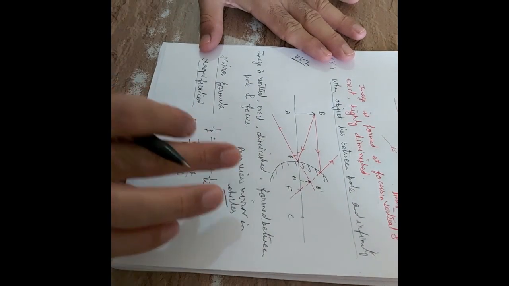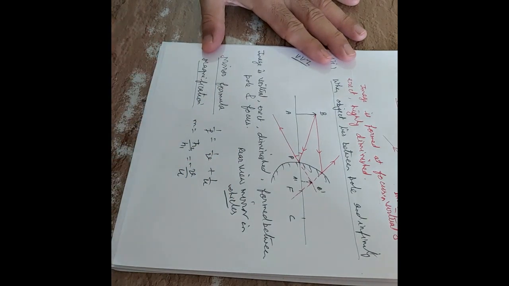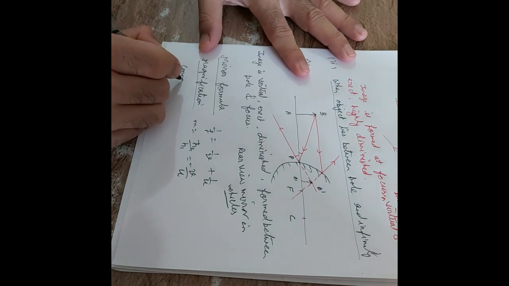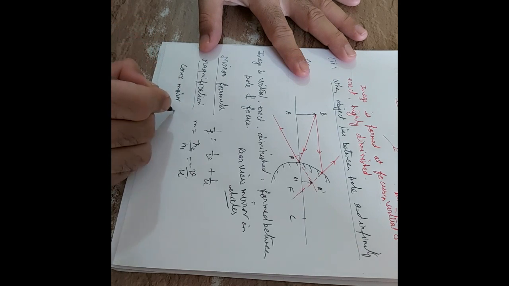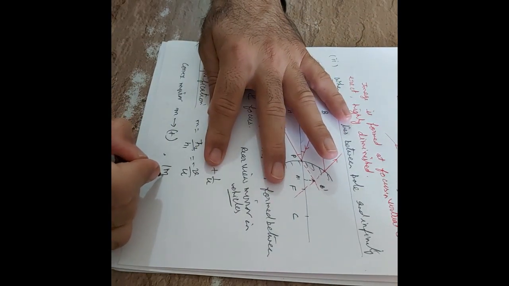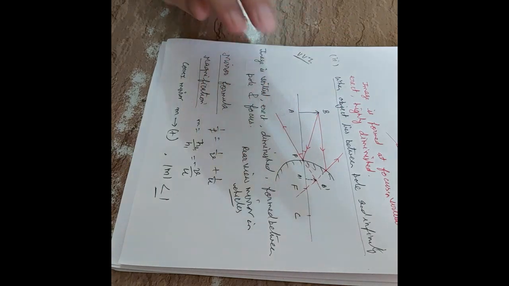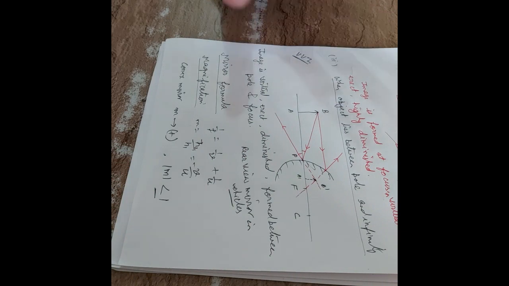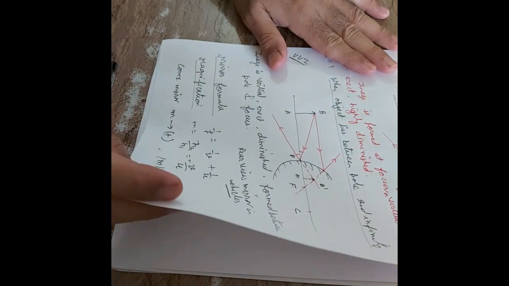Now can you tell me, for convex mirror what will be magnification? As far as convex mirror is concerned, magnification is always positive, and magnitude of magnification is always less than 1, because in convex mirror always small images are formed. If I say name a mirror in which always diminished image is formed, you will say convex mirror is the mirror in which always diminished image is formed.